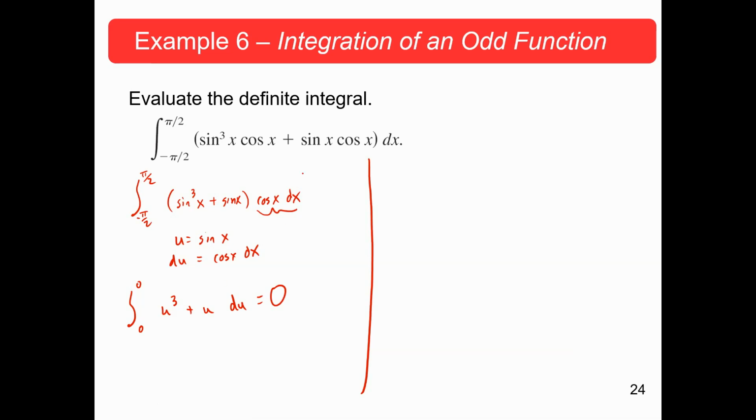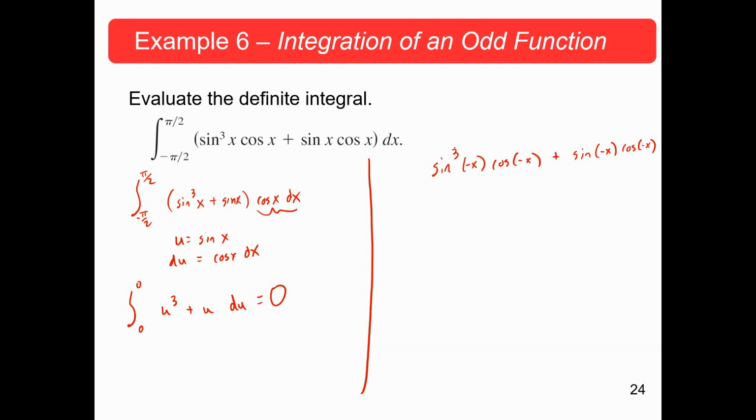But now this lets me think, well, maybe this is an odd function. So let's check it out. Let's do sine cubed of negative x cosine of negative x plus sine of negative x cosine of negative x. So here, a cube and a negative, so this is an odd, sine is an odd function, so I know I can pull the minus sign out.